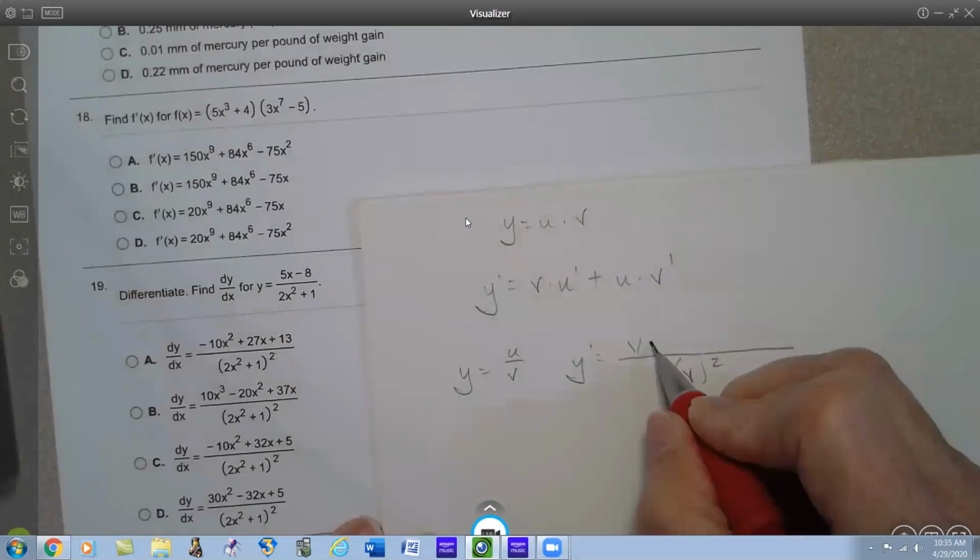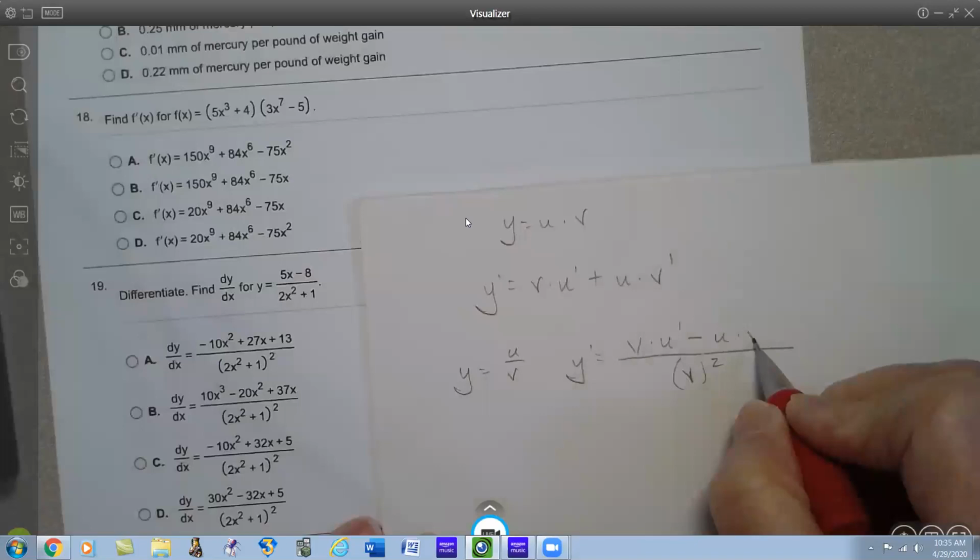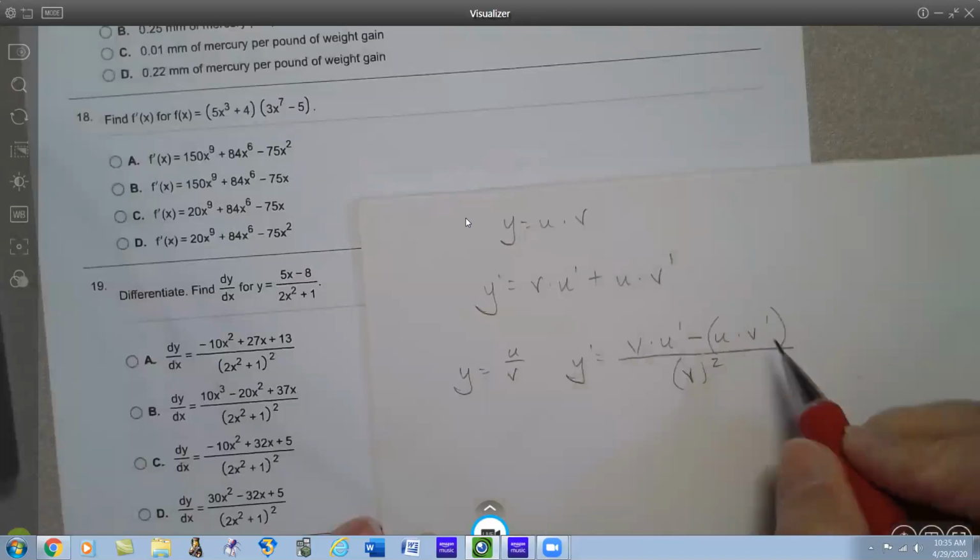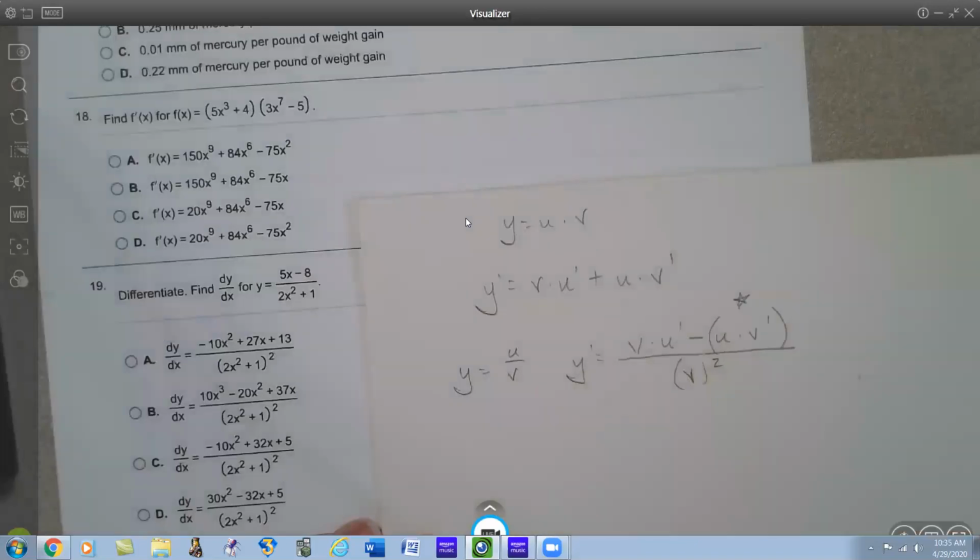If you'll notice, all of those have v squared down there. Be careful of this one back here. If you've got more than one term, if you've got a binomial times a binomial, you have to multiply first and then change sign. You got to do order of operations.